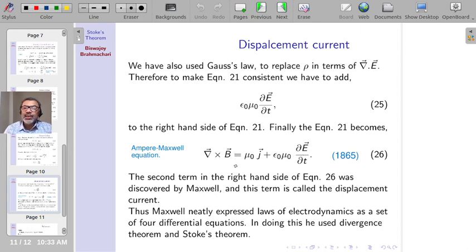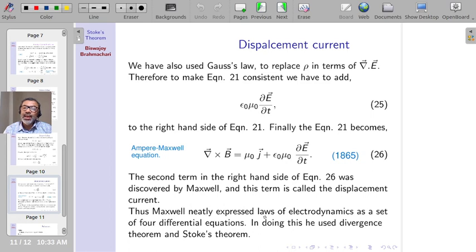So this is Maxwell's Ampere's equation, which uses the power of vector analysis, the Stokes theorem and the continuity equation to write down the Ampere-Maxwell equation. So the second term on the right hand side of equation 26 was discovered by Maxwell, and this term is called the displacement current.